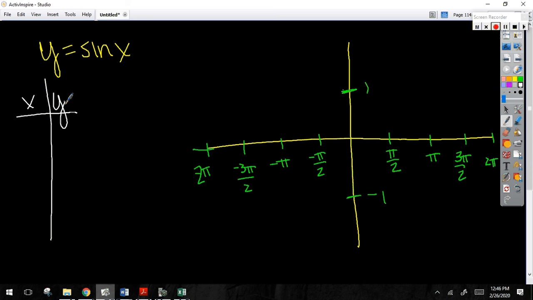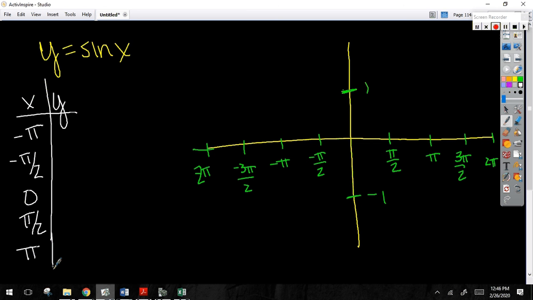I think we're just going to do sine and cosine. The hardest part for you is probably going to be remembering the table to put the values in here. So we're going to use exact ones. Let's go -pi, -pi over 2, 0, pi over 2, and pi.